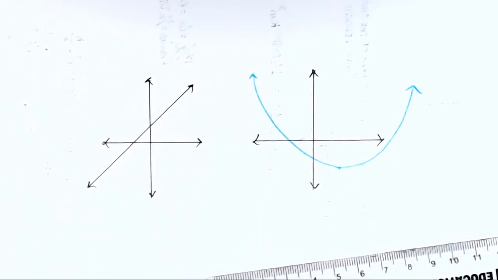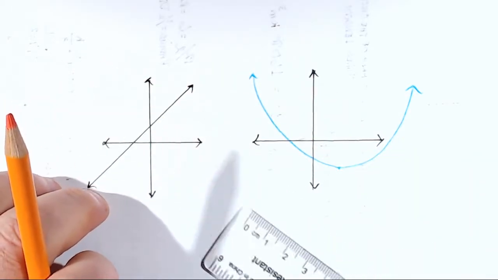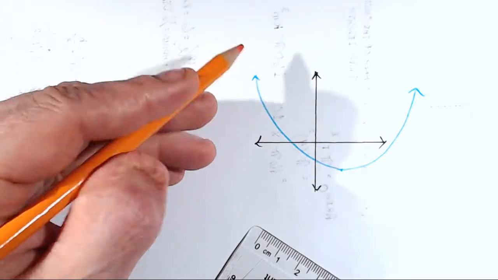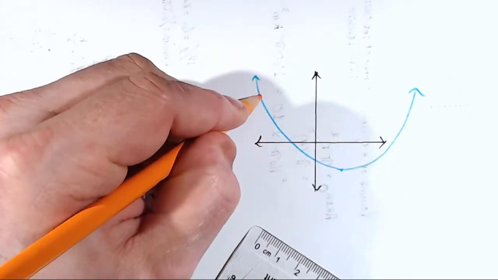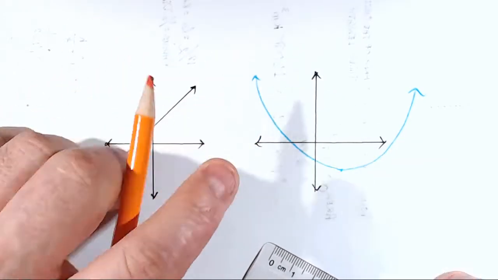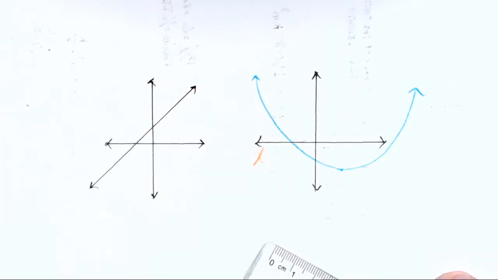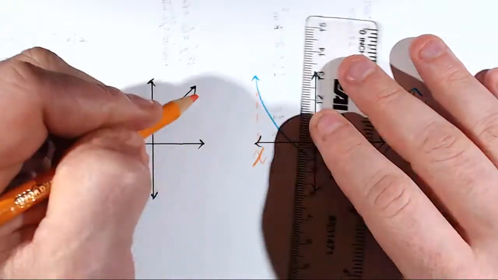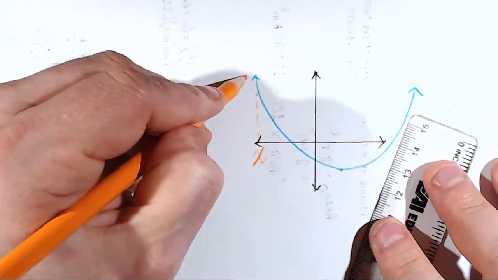And what we can do to kind of see that visually is to come in here with maybe this orange pencil and say, what is the slope when we're over here? So when x is negative over in this area. So if this is my x value, and I go up and hit the line from that x value, what's happening to the slope?